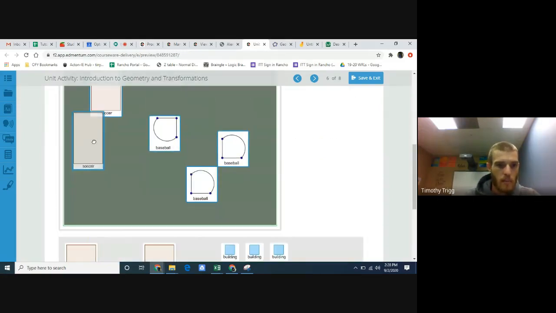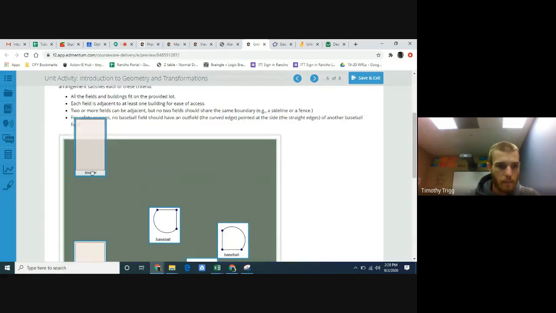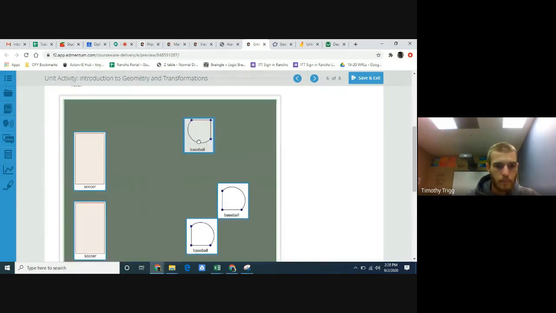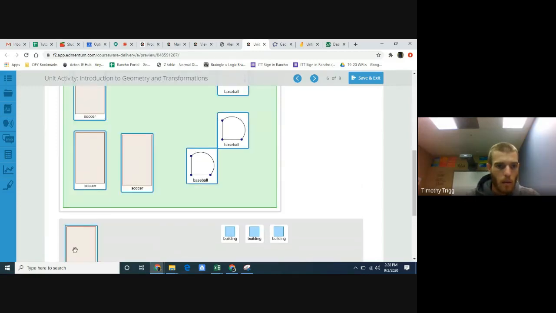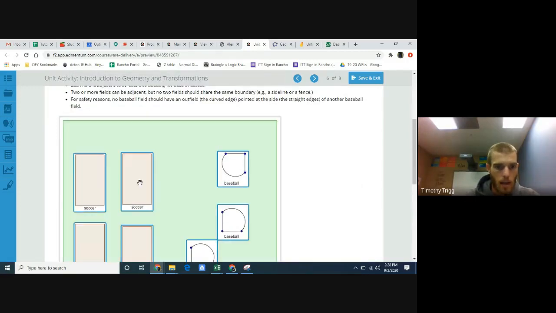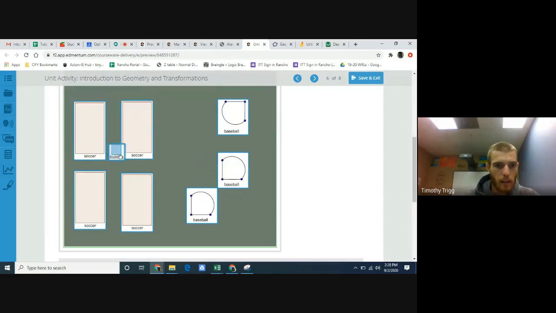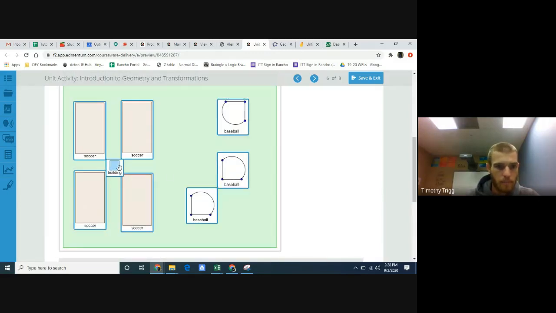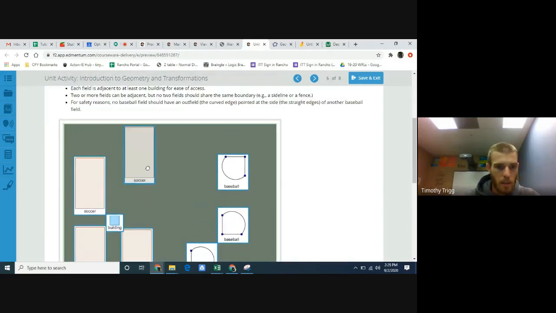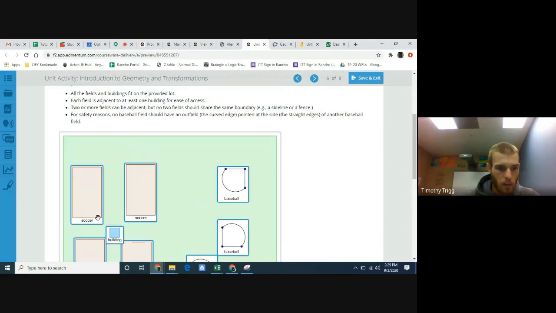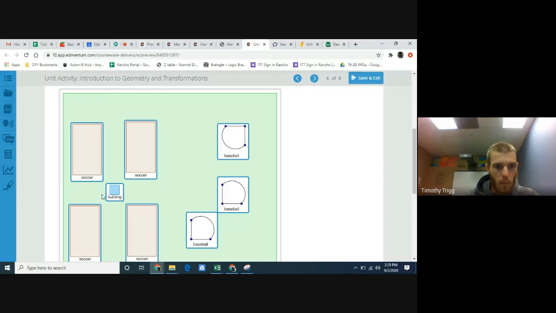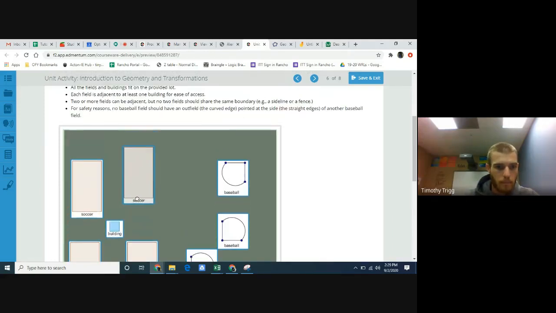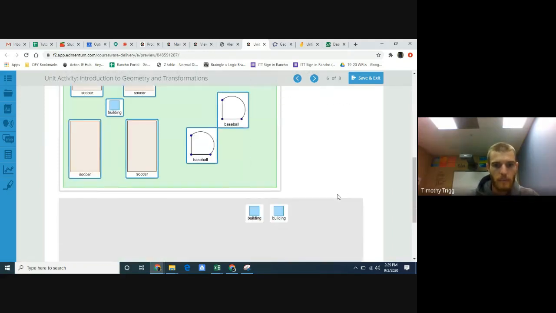So what I would suggest is maybe put all the soccer fields together here. Yeah, put all the soccer fields. And we could put a building kind of in the middle of them. I might need to move that a little bit so they're not touching the building. That way they're all close to the building, but not touching the border of it.